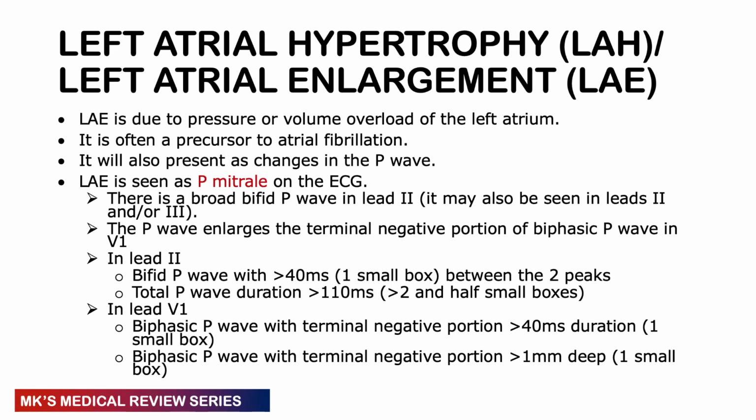In V1, you have our biphasic P wave. The terminal portion, the second part, which is the negative deflection, is going to have a duration greater than one small box, and the negative portion is going to be deeper than one small square. So it must be greater than one box wide and one box deep. Then we say that there is some left atrial enlargement.